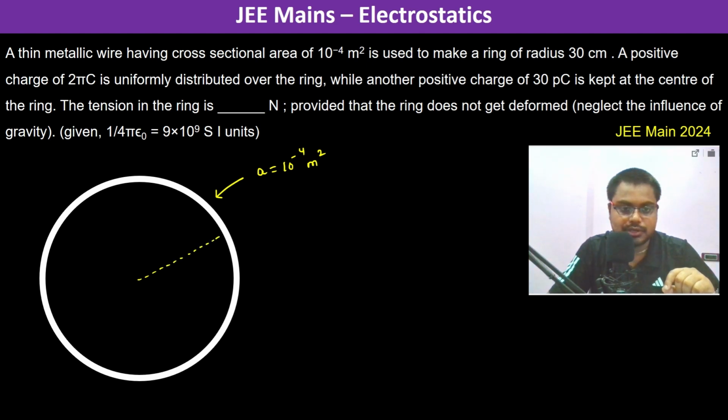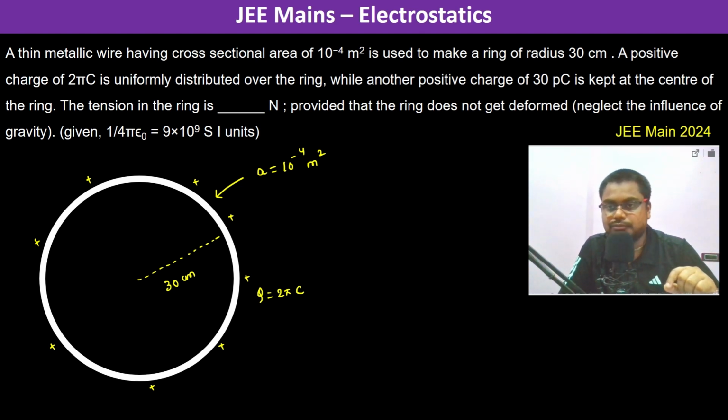A positive charge of 2 pi coulomb is uniformly distributed over the ring. Another positive charge of plus 30 picocoulomb is placed at the center of the ring. The tension in the ring is?